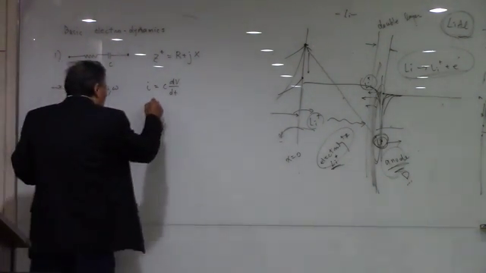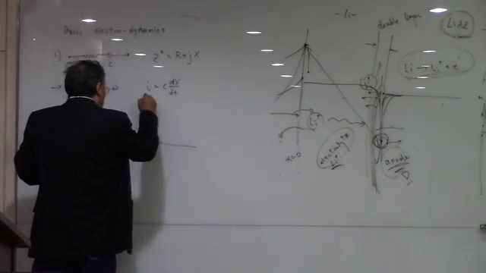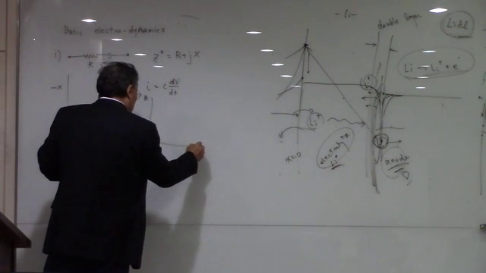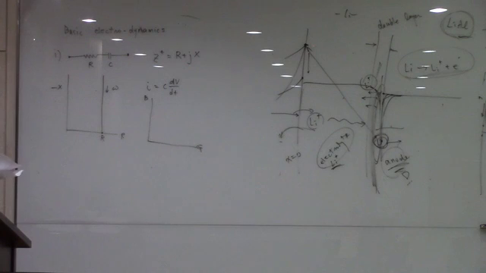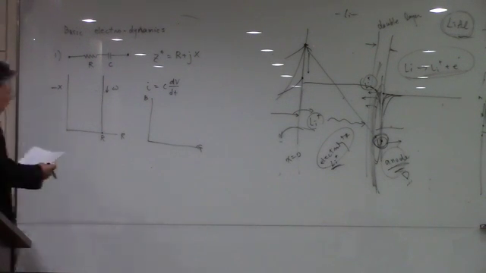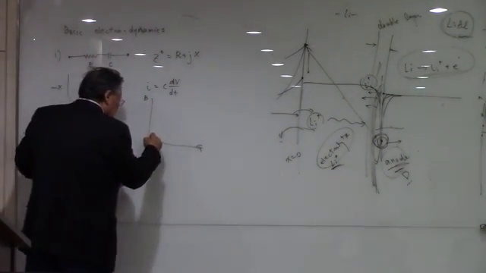But if you make a plot of B over G, okay, then you're going to have a semicircle here.